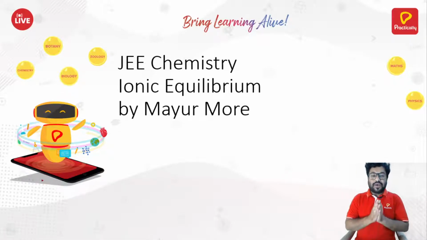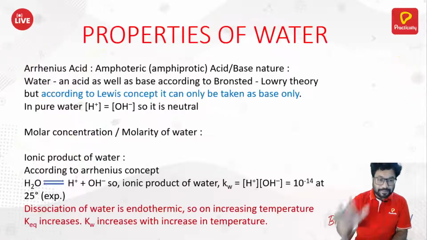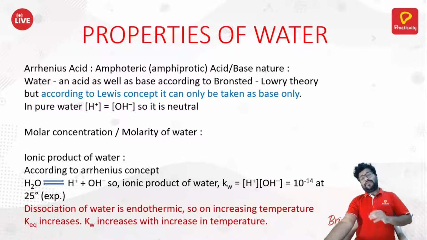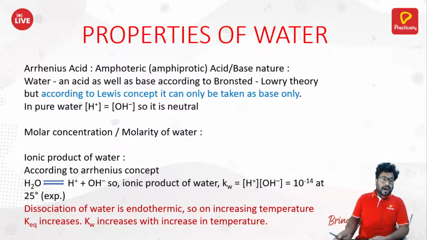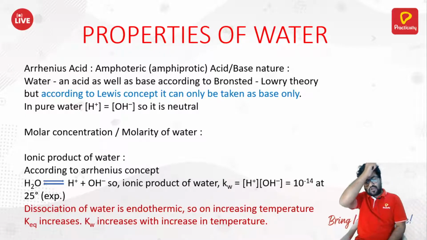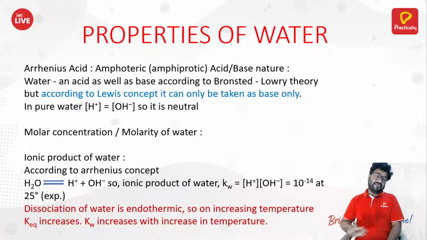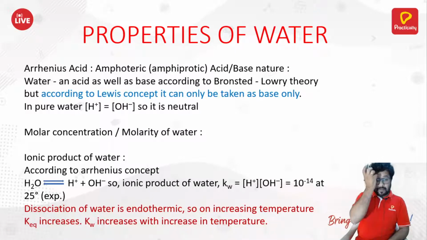Let's begin. Properties of water. As we know, we had seen the Arrhenius theory and the Lowry-Bronsted theory. There was one more theory, Lewis's acid-base theory, but we will discuss that in the upcoming session.